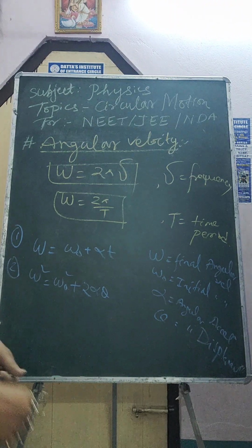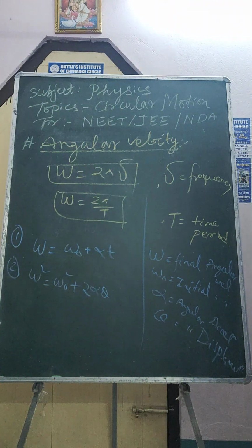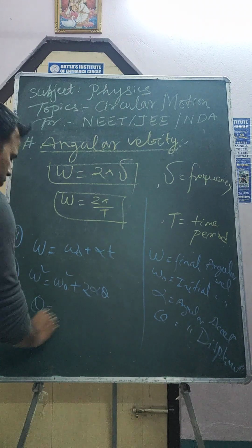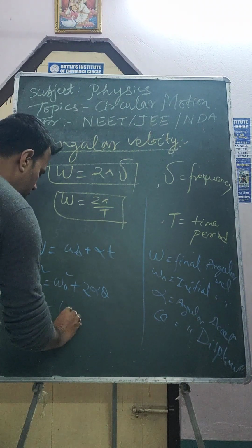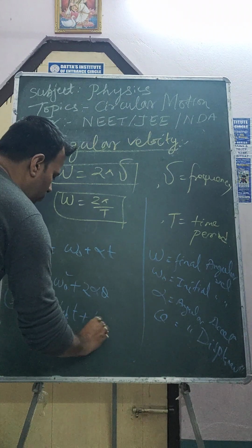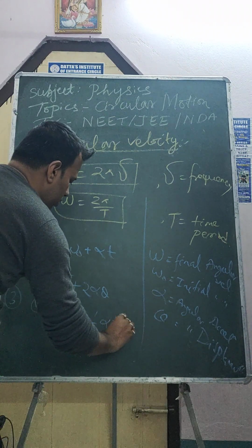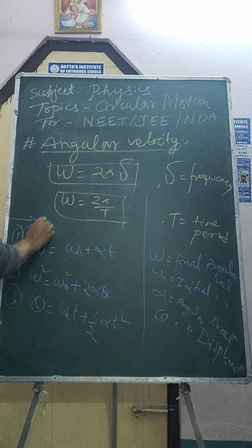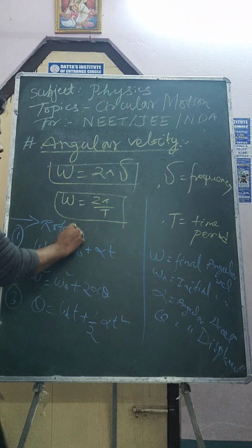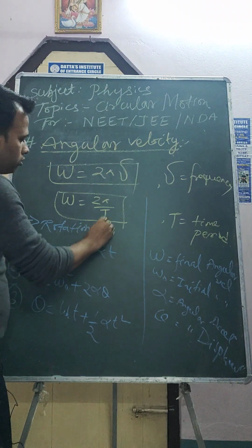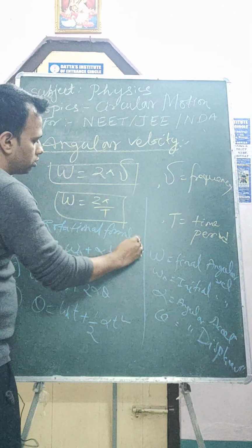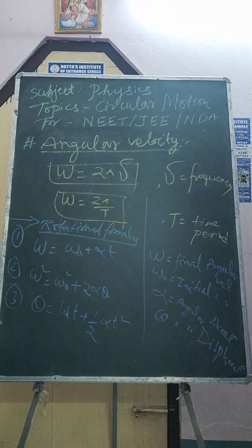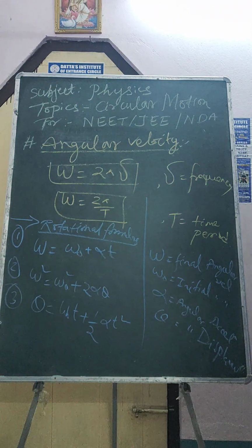Got my point? The third formula is theta equal to omega 0 t plus half alpha t square. So these are the rotational formulas. All the formulas of rotational and circular motion I have already explained.